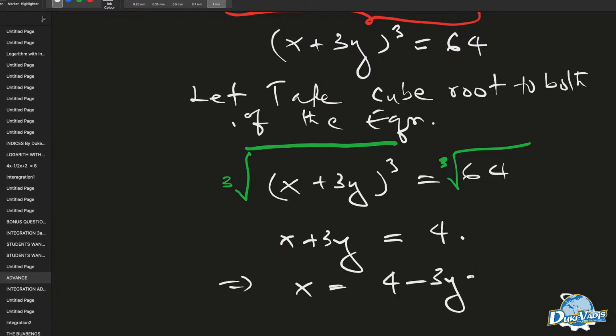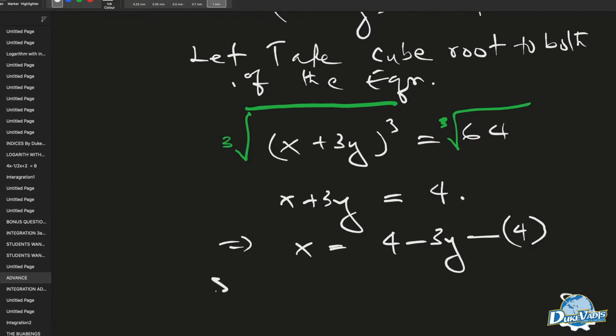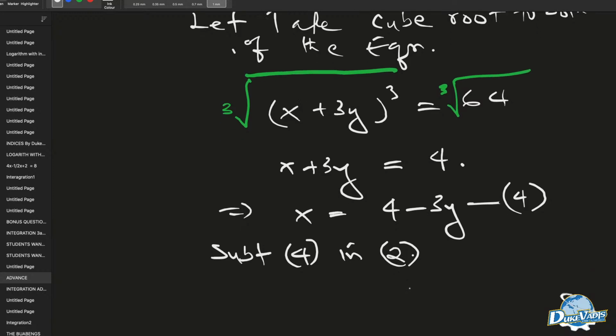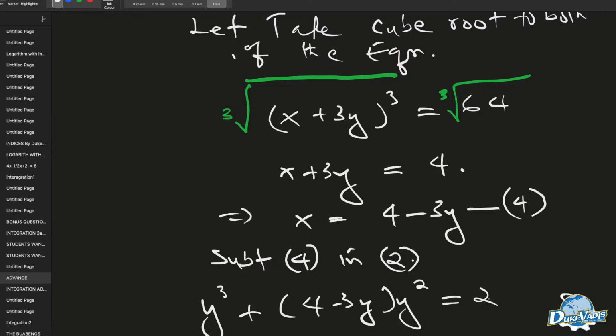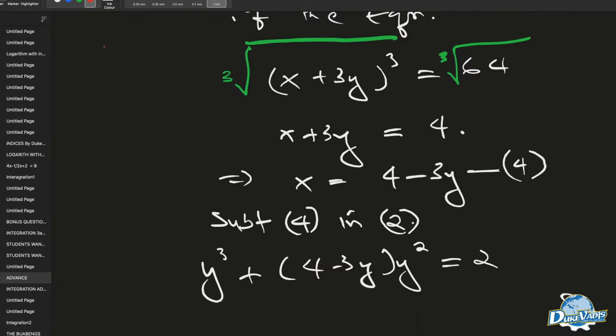Now I'm going to call this equation 4. Now I'm going to substitute equation 4 in equation 2. When we do that, it's going to be y cubed plus (4 minus 3y) y squared is equal to 2.